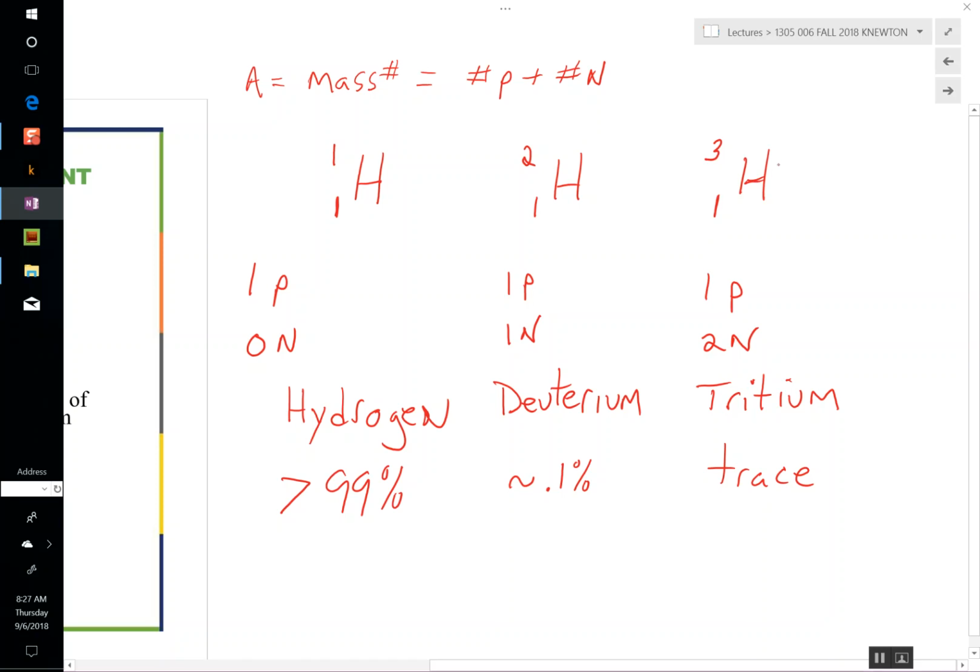So we use these symbols primarily to identify what isotope we are talking about of that element. And different elements have different forms of their isotopes. Some of them have a whole bunch of isotopes. And what we're talking about is naturally occurring. In particle accelerators and things like that, they have created isotopes that you don't actually find in nature.